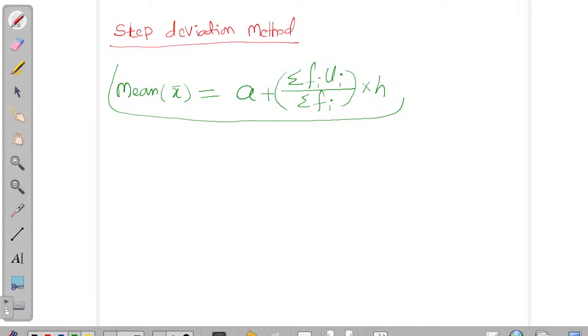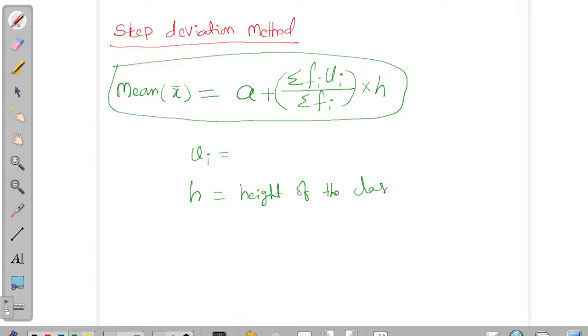In this, two new things are there which are not known to you. First one is ui and second one is h. First of all, h means height of the class.